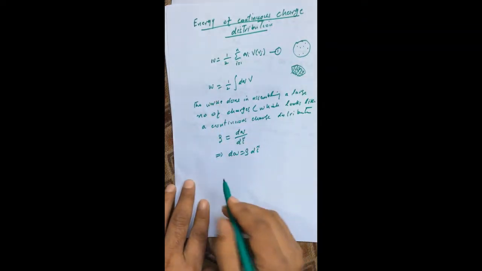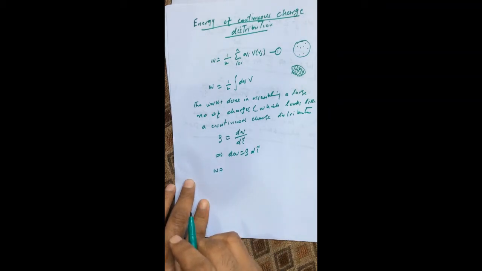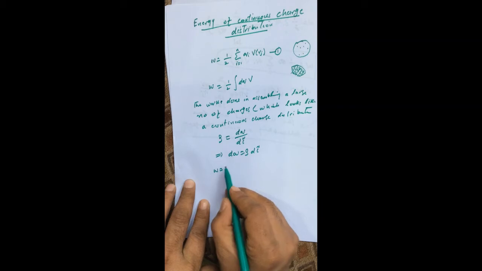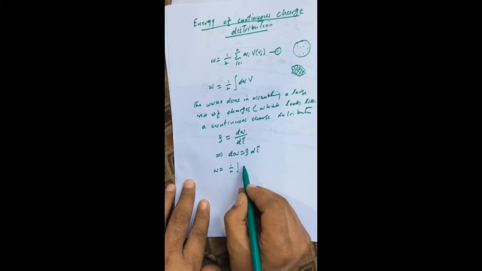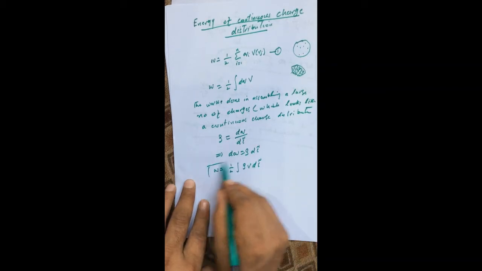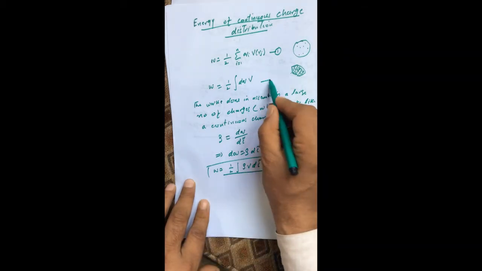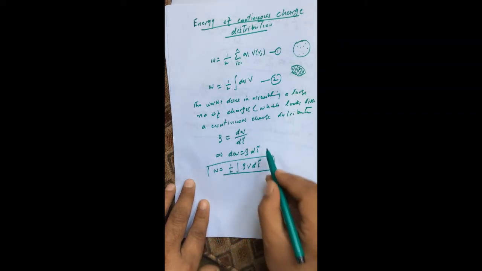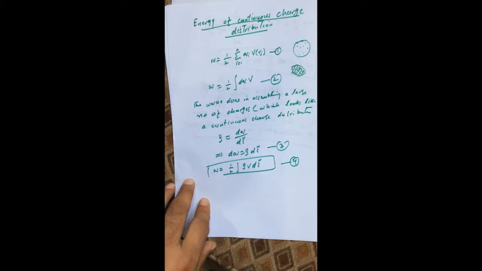If I put this in the above expression, then the work done will be equal to 1 over 2 integral of rho V into d tau. If this is equation 1, this will be equation number 2, this equation number 3, and this is equation number 4.